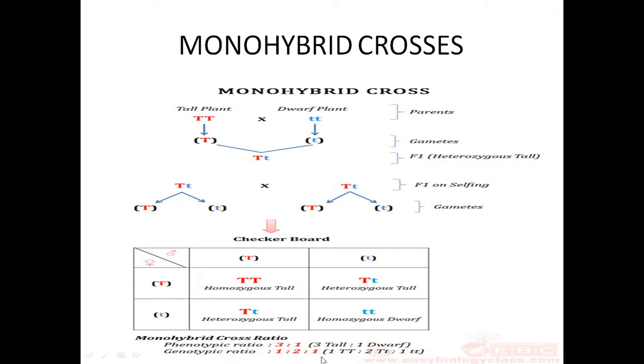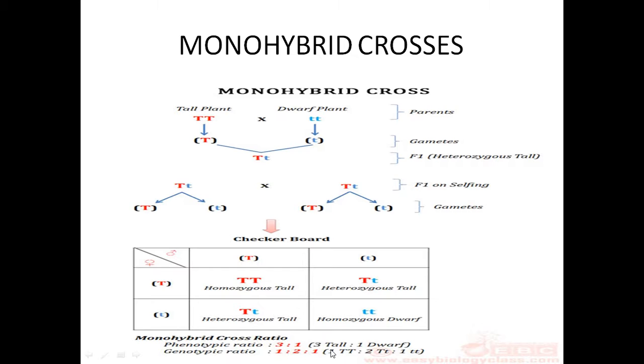We see here 1:2:1. 1 capital T you can see, 2 capital T small t and 1 small t. So the genotypic ratio, related to the genes or the alleles, is 1:2:1 in the monohybrid cross.